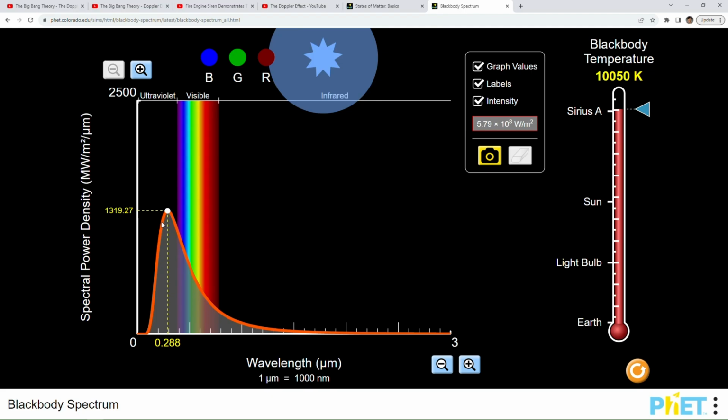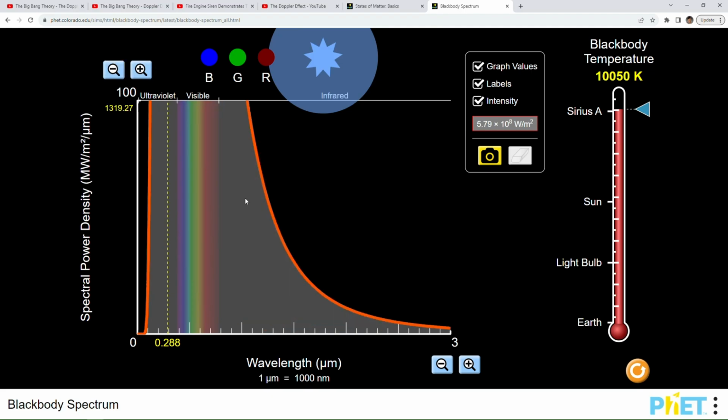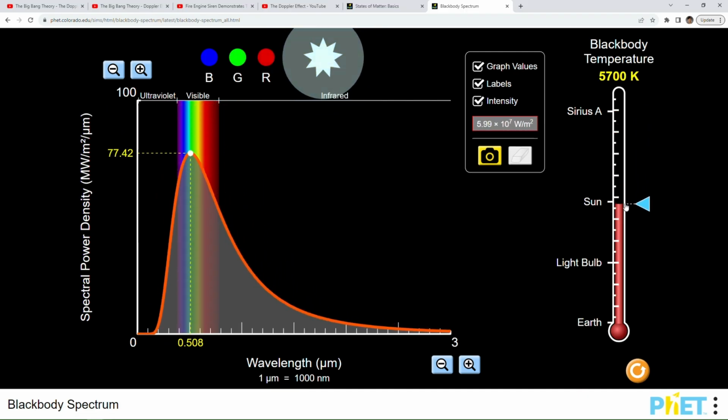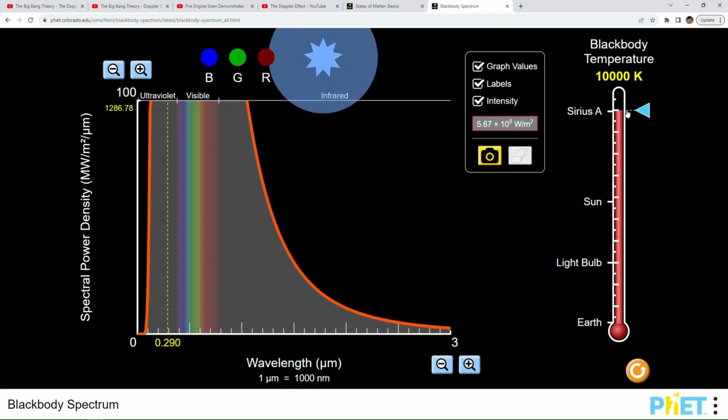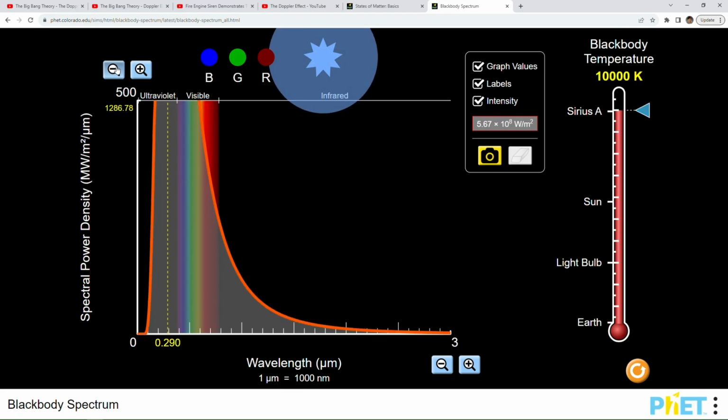Let's look at this thermal radiation curve. Remember, we already scaled down the scale. This is the temperature of the sun, so this is already very hot.